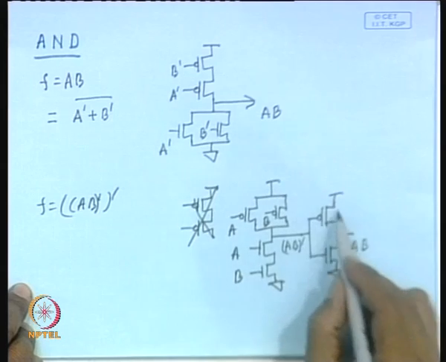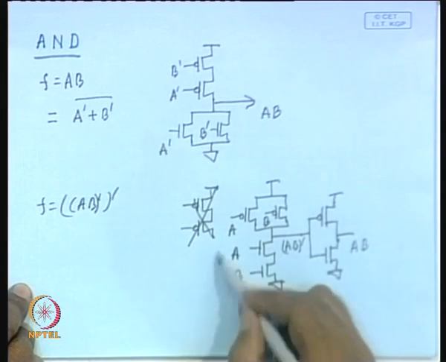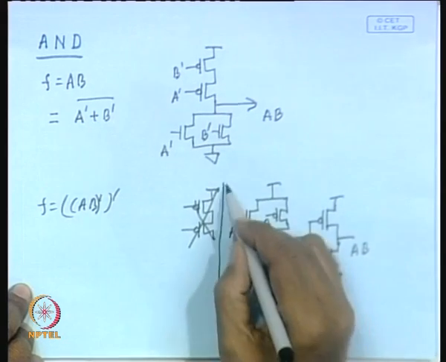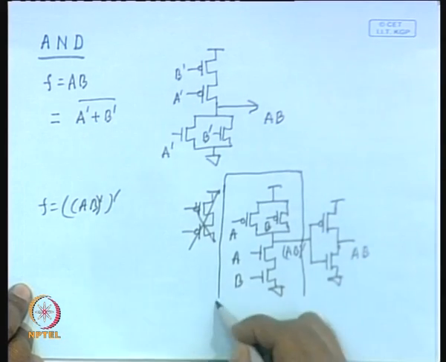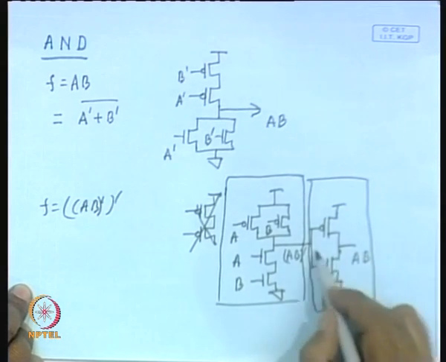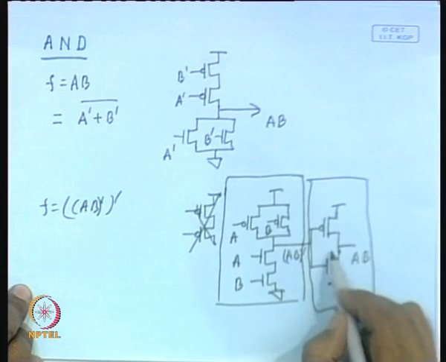So, you have expressed the functions in terms of two negative functions, because whatever is input, it gives the complement of that.